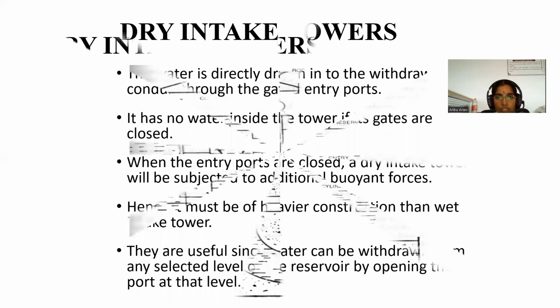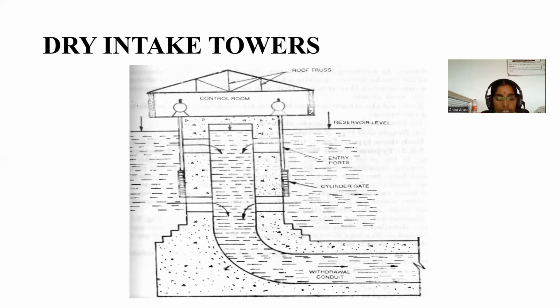Next, dry intake towers. This is the dry intake tower diagram. The essential difference between a dry intake tower and a wet intake tower is that whereas in a wet intake tower, the water enters the tower first and then it enters into the conduit pipe through separate gate controlled openings, in a dry intake tower, the water is directly drawn into the withdrawal conduit through gated entry ports.